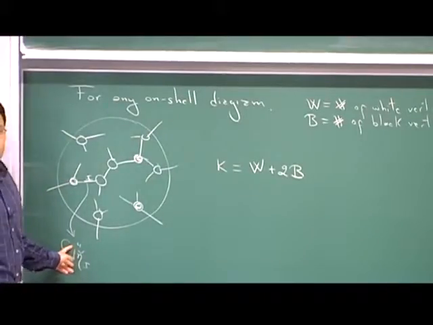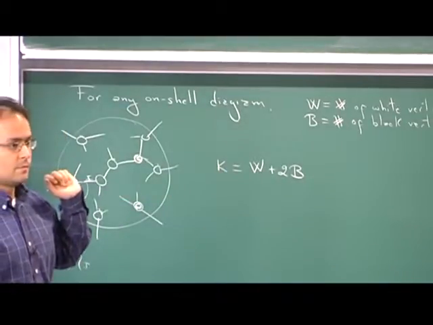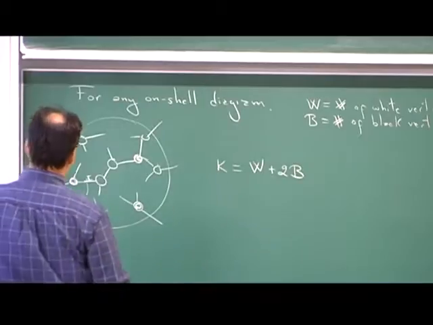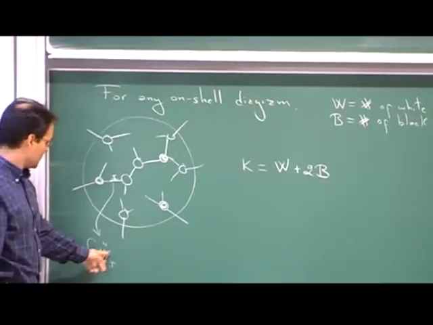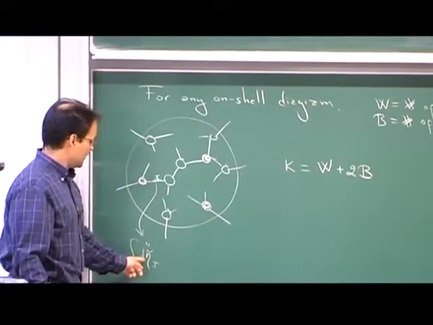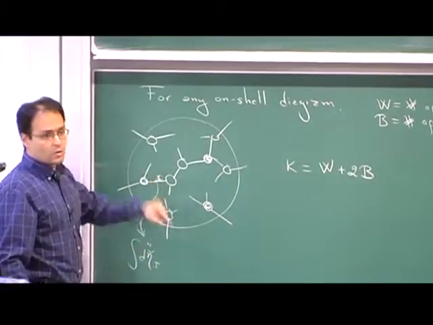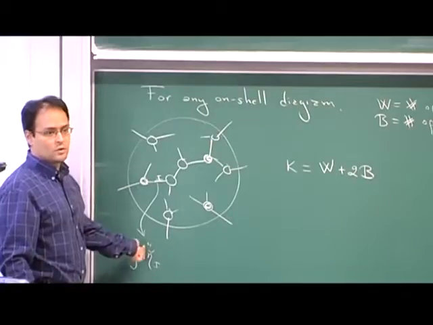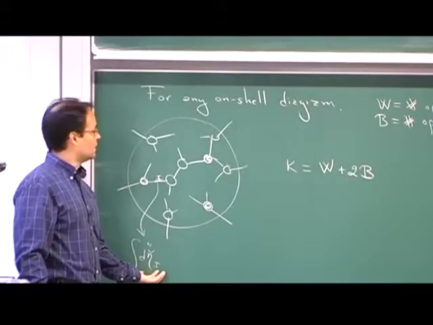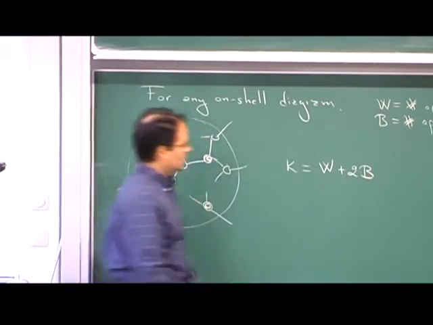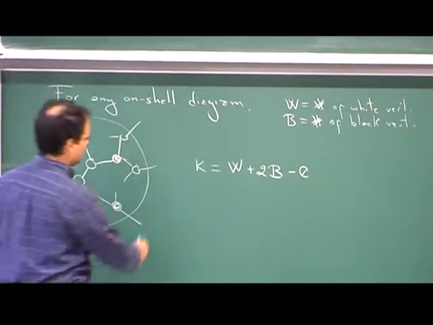And a Grassmann measure contributes what? If I rescale the eta, what do I get? Well, since this is a Grassmann, fermionic integral, the measure scales in the opposite way to the bosonic ones. So I pick up a 1 over t to the 4th. So I pick up minus 1 unit of t to the 4th. So the K of this object is minus 1. So for every internal edge, I pick up minus 1 unit of K.